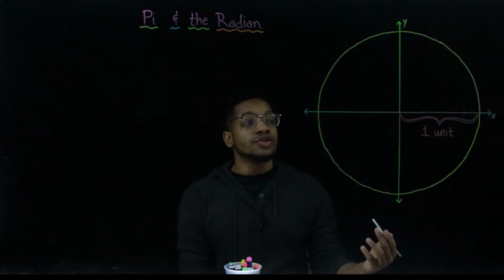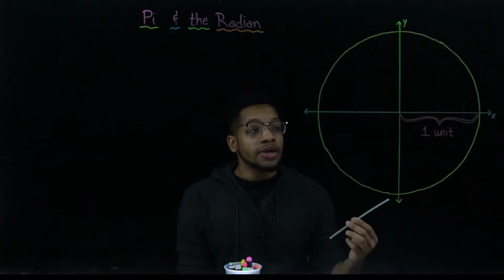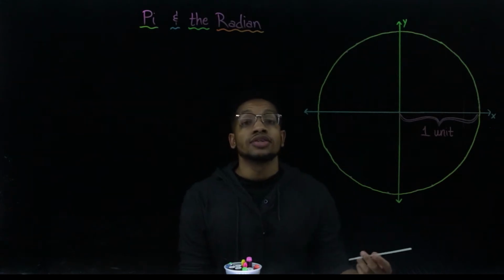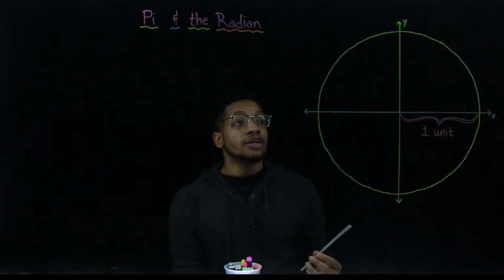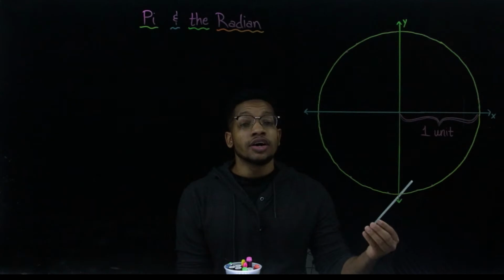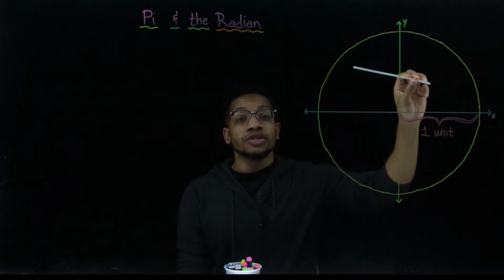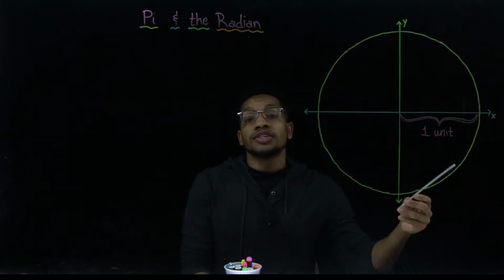Just looking at the circle, you can probably wonder, how many of these radii does it take to fill up the whole distance around the circle, or the circumference? So what we can do is take our radius and see how many of them fit on the circumference of the circle, and let's just see what happens.